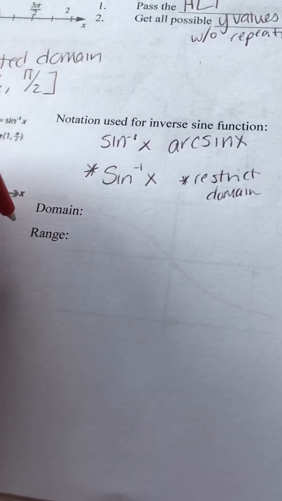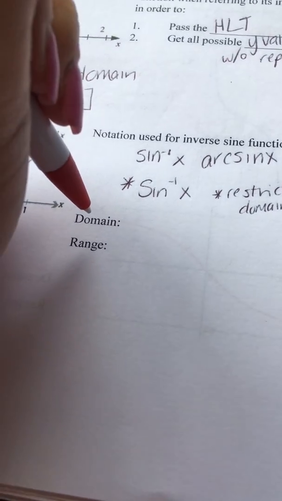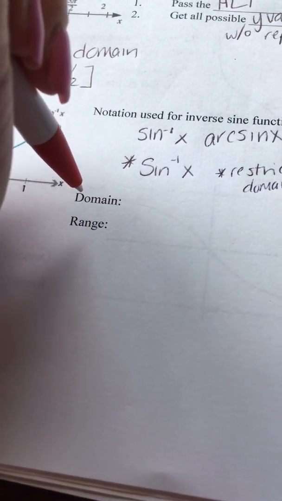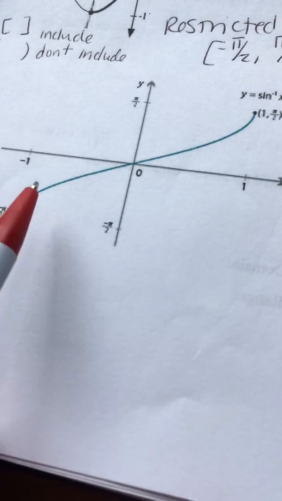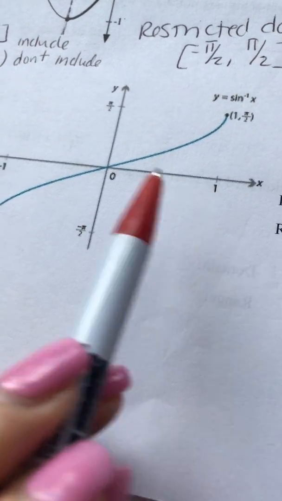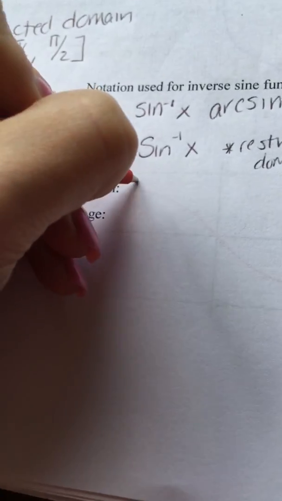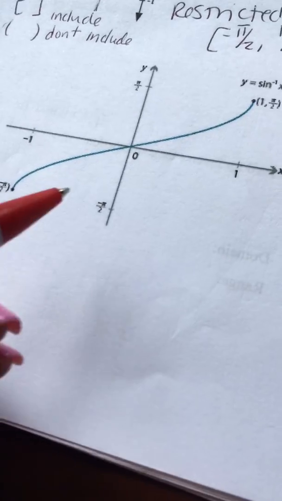So sometimes they like to make that distinction, and they'll use a capital S to do that. So the domain of the inverse sine function, all the x values you get, are from negative 1 to 1. And then the range is going to be negative pi over 2 to positive pi over 2 for the inverse sine function.